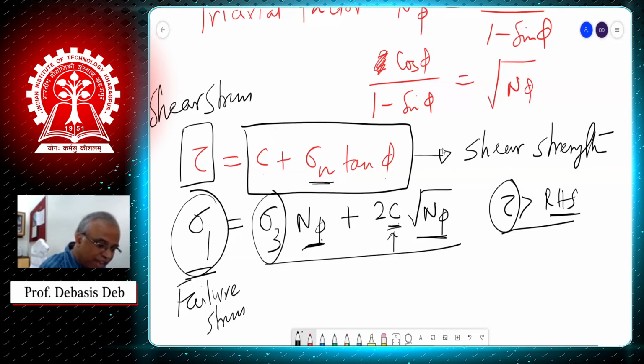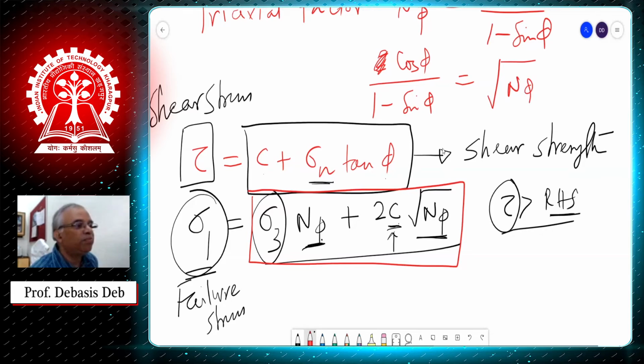Similarly, with the same concept, I can say this is my strength, and this is the failure stress, but in a normal plane, not in the shear plane. Normal or axial stress, we are converting into the axial stress.